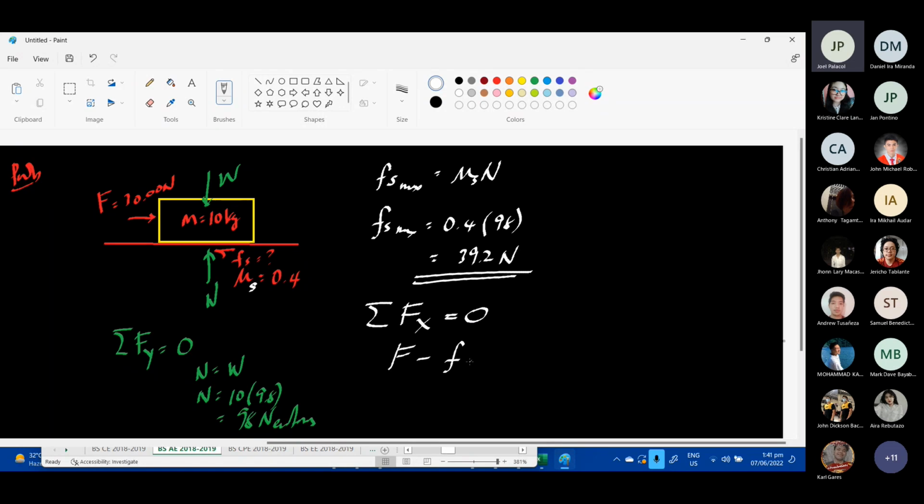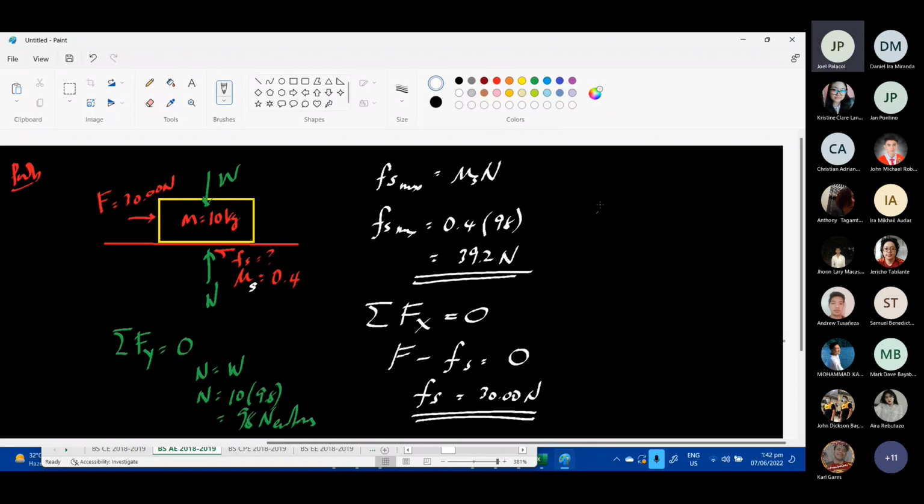So F minus Fs equal to 0, so Fs is equal to F, which is 30 newtons. Question? So it means that the block will still not move even if you apply a force of 30 newtons, because it is less than the maximum static frictional force of 39.2.